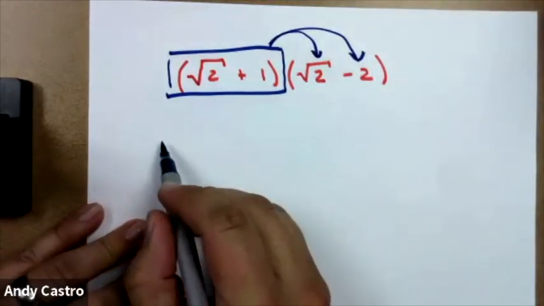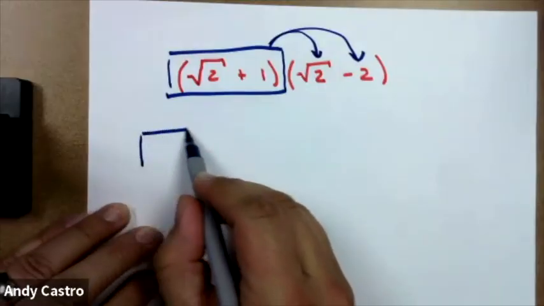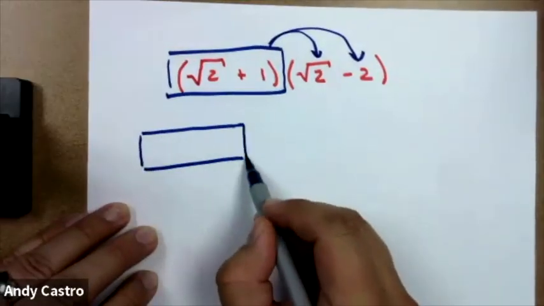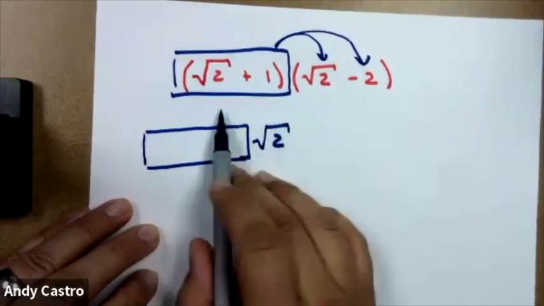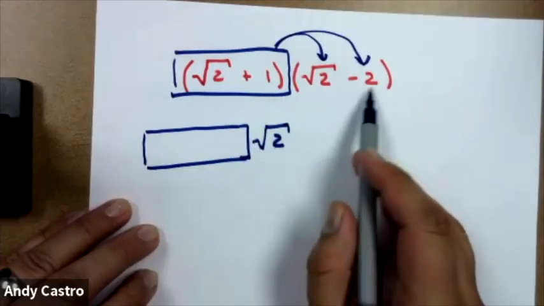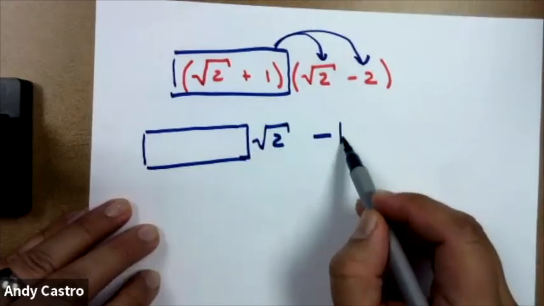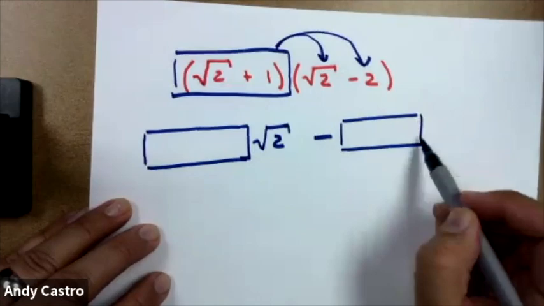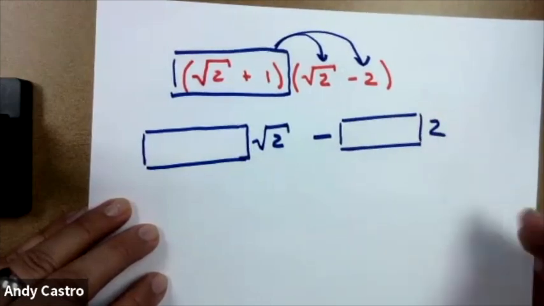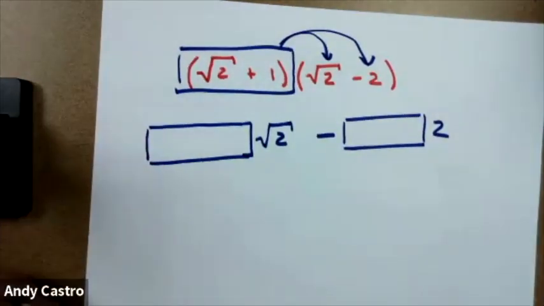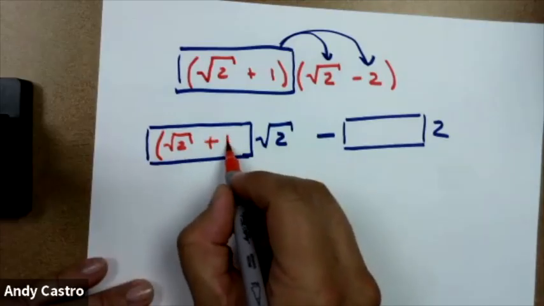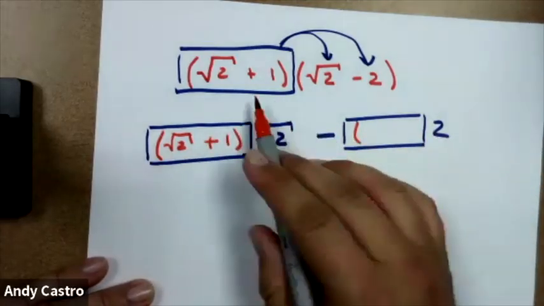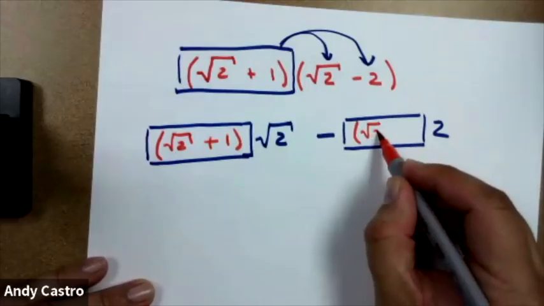So the first one is going to be this times root 2. And then we're going to have this times negative, so it's going to be a minus 2. All right, inside those boxes, we simply have a root 2 plus 1, and that box is a root 2 plus 1.